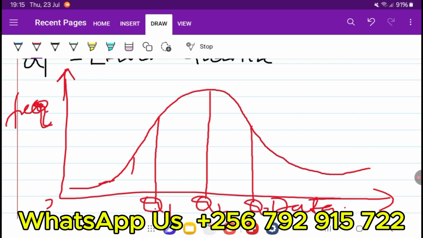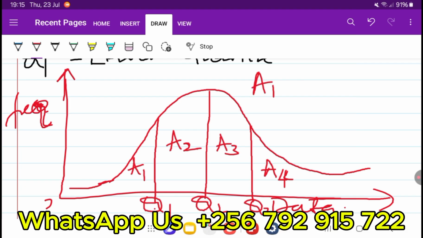Now this will be area A, we can call it A1, A2, A3, and then A4. You can see that we have divided this data set into 4 equal parts, which means that A1 is equal to A2 is equal to A3, and at the same time is equal to A4, because these are quarters.